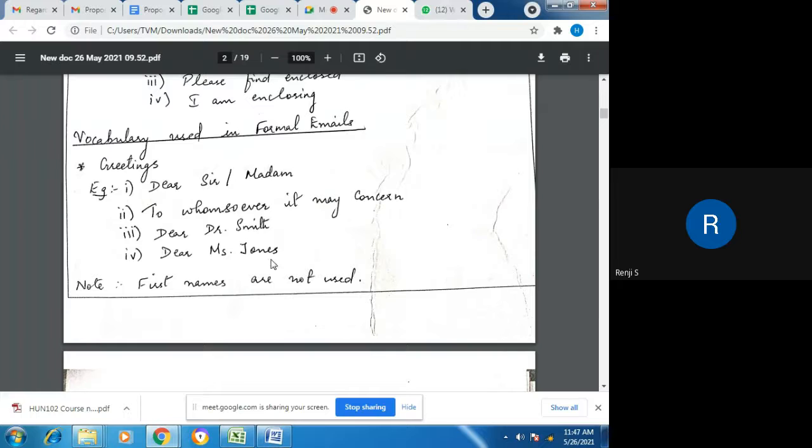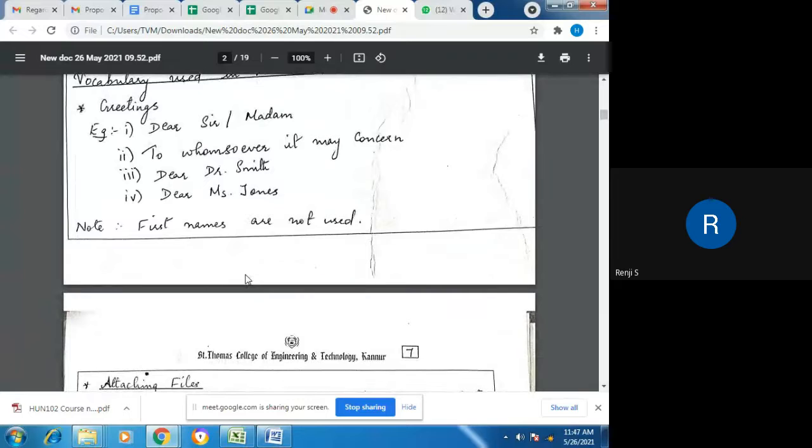And the names written after this are all second names. First names are not usually used when you address with Dr. and MS and all.